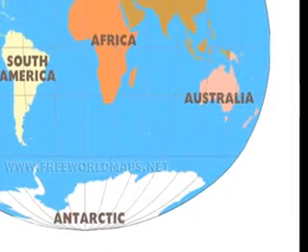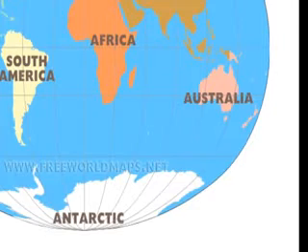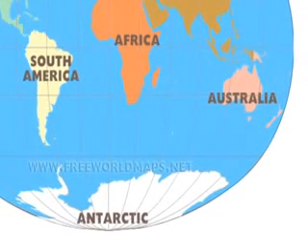Australia is around 2500 kilometers away, and South Africa is around 4000 kilometers away.